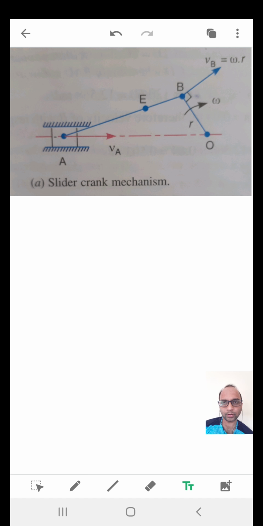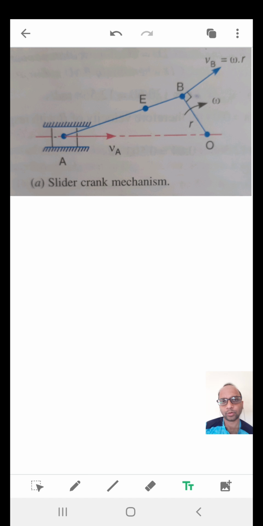In this particular slider crank mechanism, we know the angular velocity of OB, the radius of OB, and also the angle of OB.